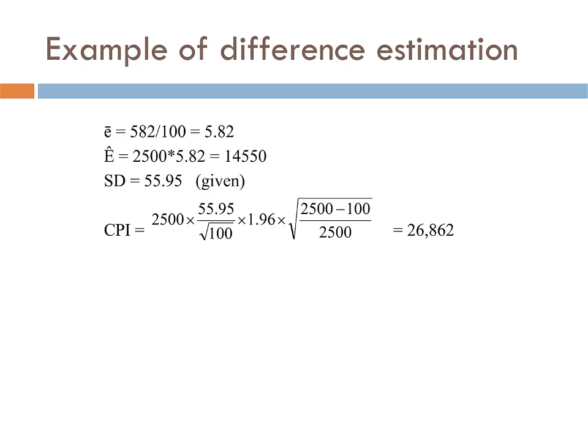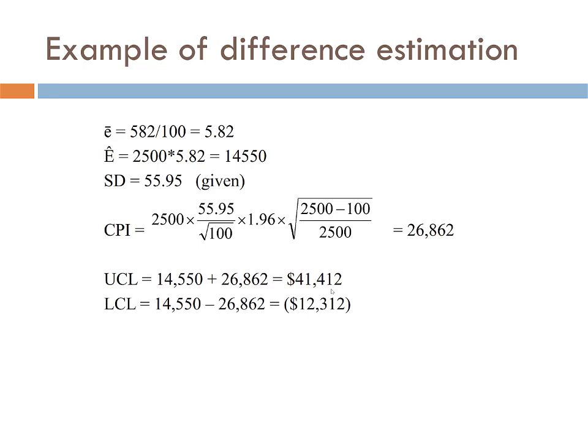And then we just drop in all the numbers, right? Population size, standard deviation, sample size, and then the calculation over here as well. And so to get our upper confidence interval, we'll take the point estimate of the error, the E hat, add the computed precision interval, and so we get the highest estimate of the misstatement in the account is $41,412, and the lowest estimate of the misstatement in our account is negative 12,312.